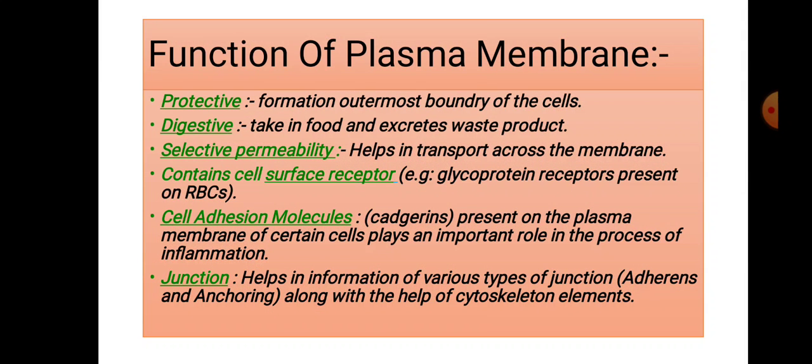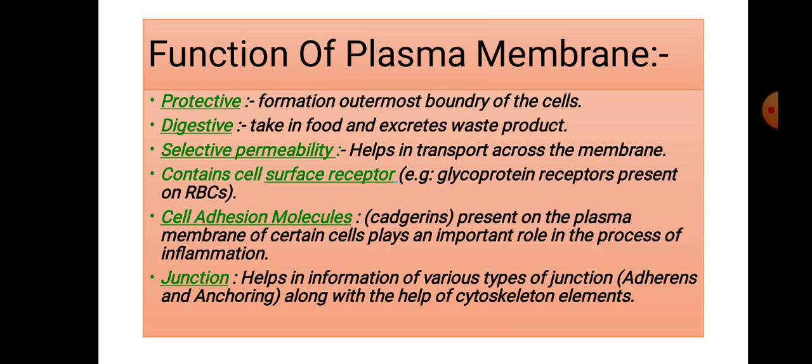Function of plasma membrane: First, protective in function, forming the outermost boundary of the cell. Second, digestive in function, takes in food and extracts waste product. Third, selective permeability, helps in transport across the membrane. Fourth, contains cell surface receptors, example glycoprotein receptor present on RBCs.